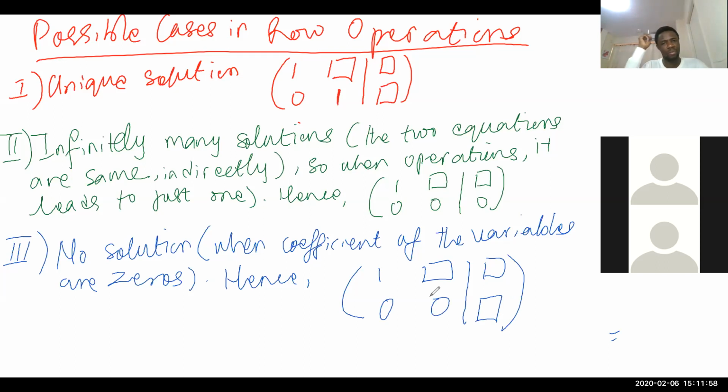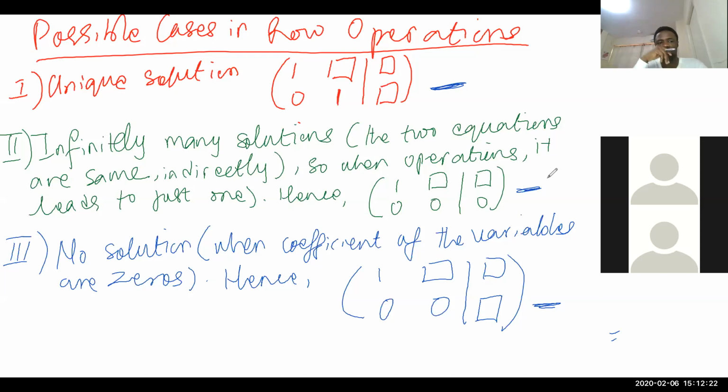In this case, you have only 1 zero row at the bottom. In this case, you have 2 zeros at the bottom. In this case, you have 3 zeros at the bottom. Maybe I should have rearranged it the other way, so it's easy for you to remember: 1 zero, 2 zeros, and 3 zeros.